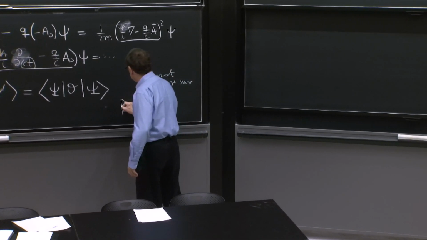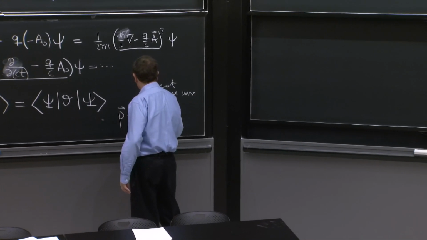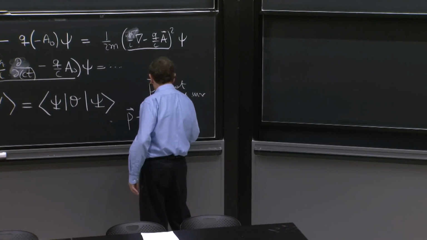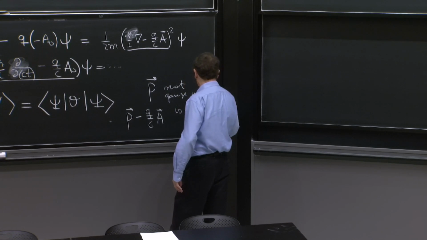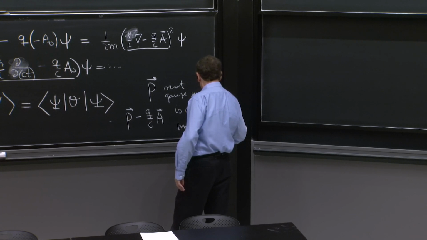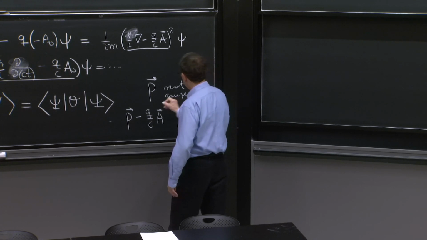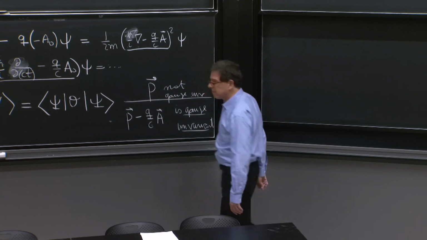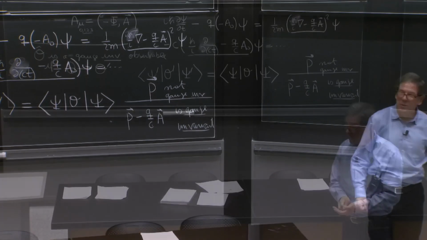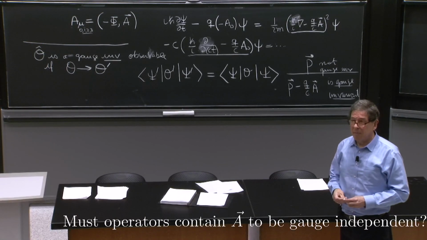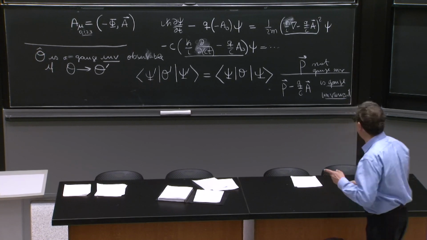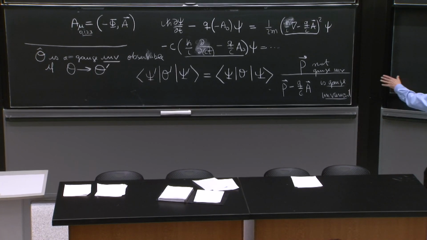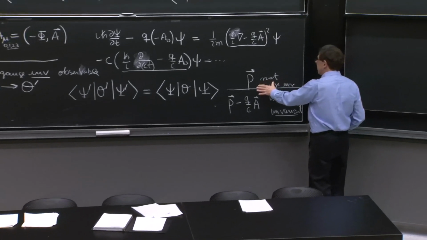The thing that is gauge invariant is P minus Q over c A. It's some small calculations you will do. In order to get the gauge invariant operator, you do, in general, have to put an A dependence. That's the funny thing.